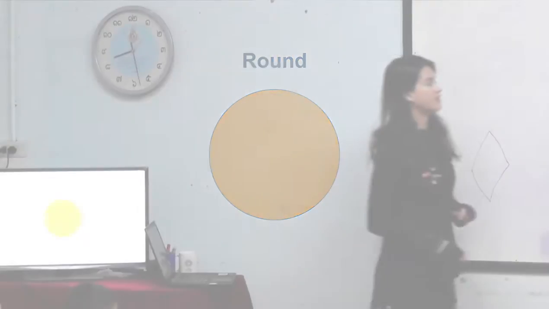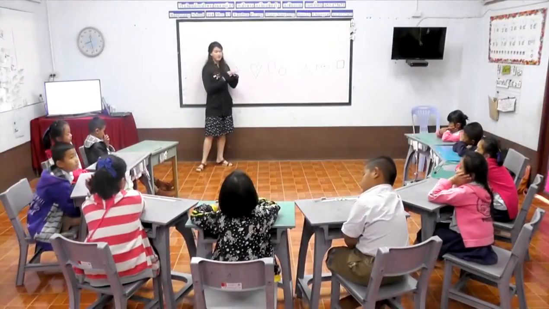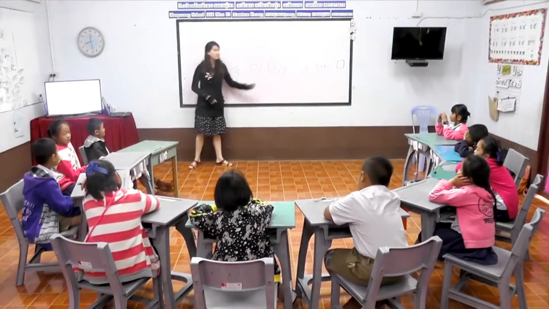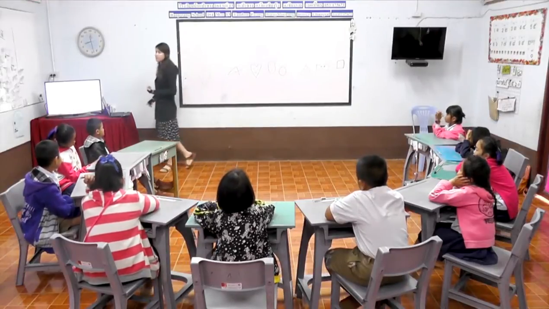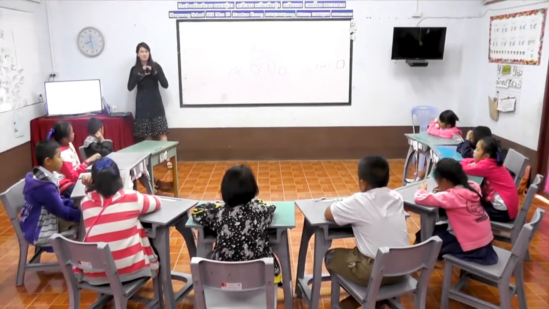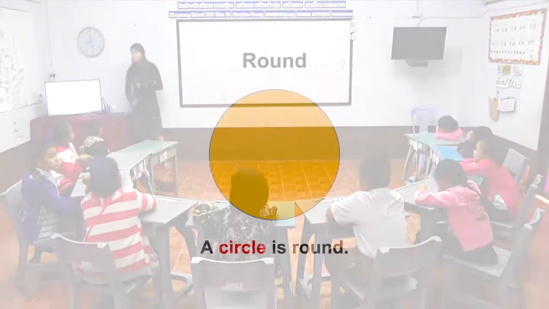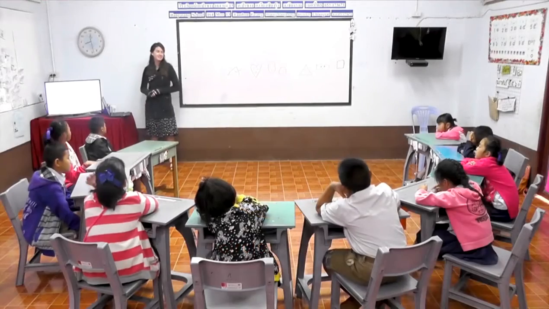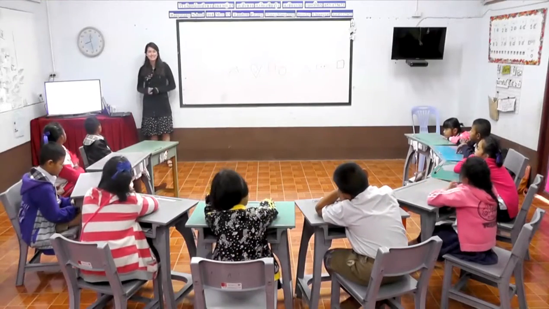Heart is a little different because it's not all the way around like our oval and our circle. So just our oval and our circle we call round, especially our circle. Let's practice. A circle is round.